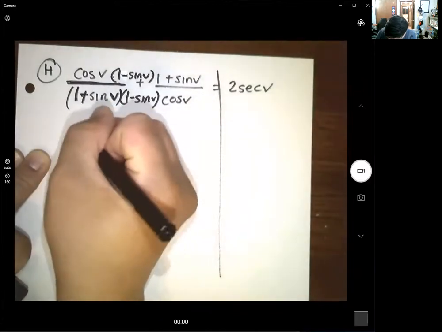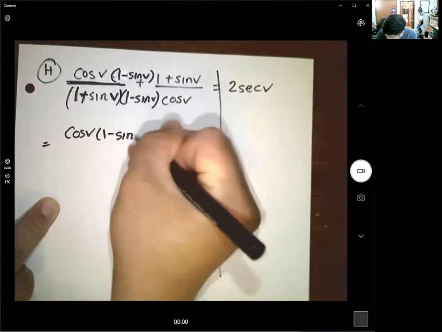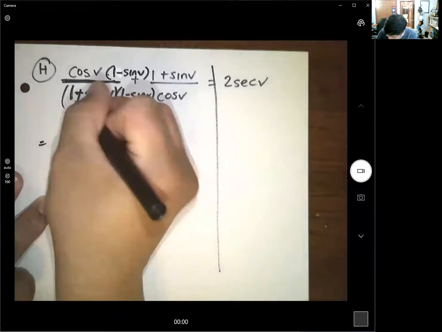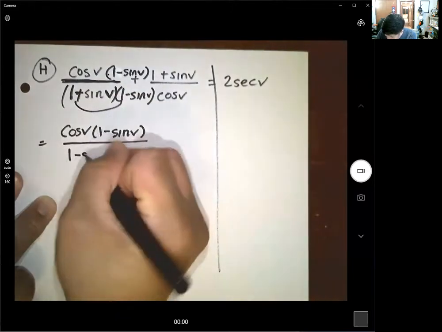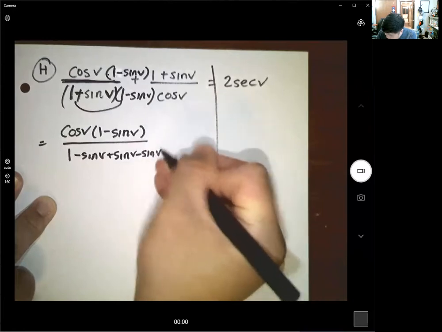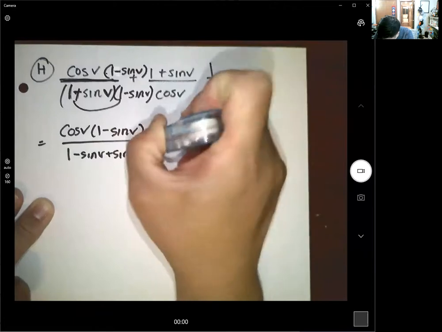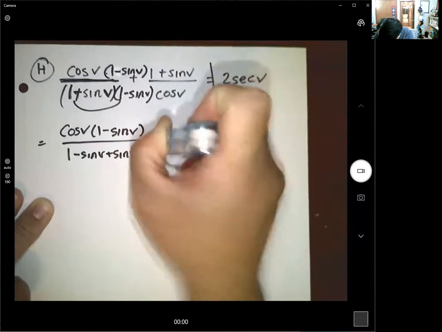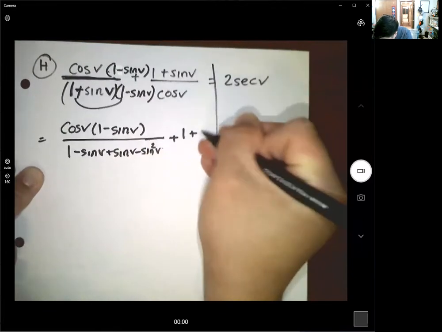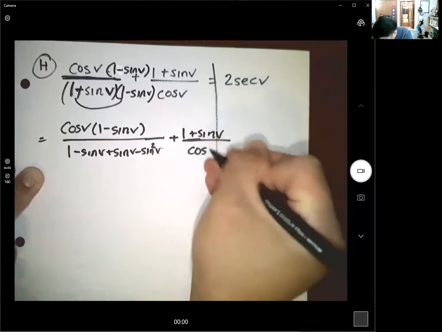All right, we have cosine of v times 1 minus sine of v all over. Let's distribute in the denominator. So 1 times 1, 1, then minus sine of v plus sine of v minus sine of v squared. So sine squared v. And then this is plus the 1 plus sine of v over cosine of v.